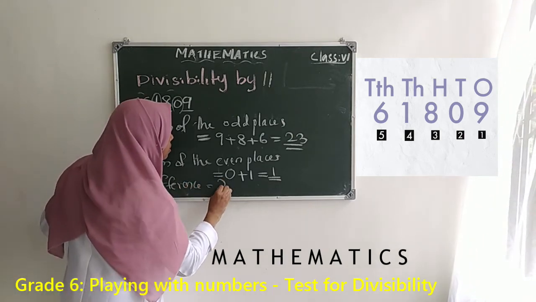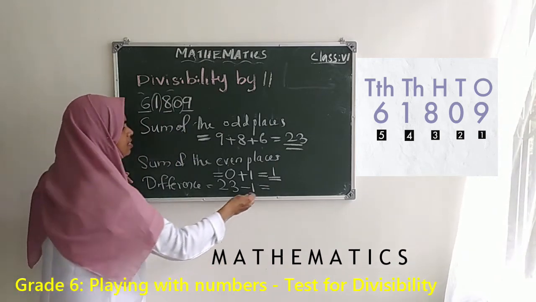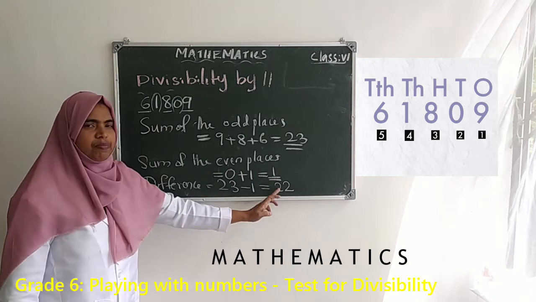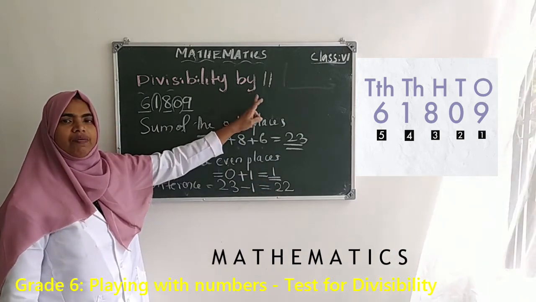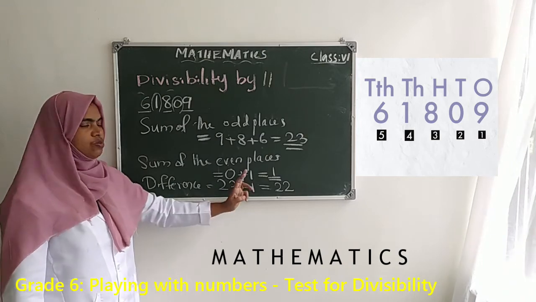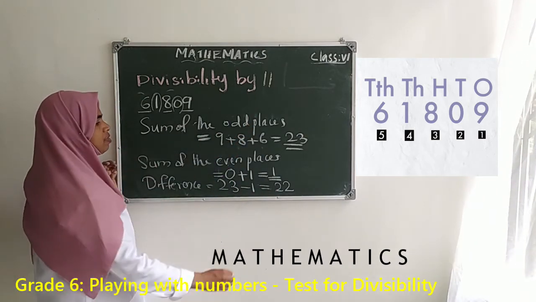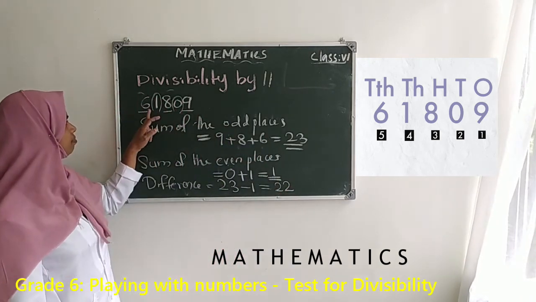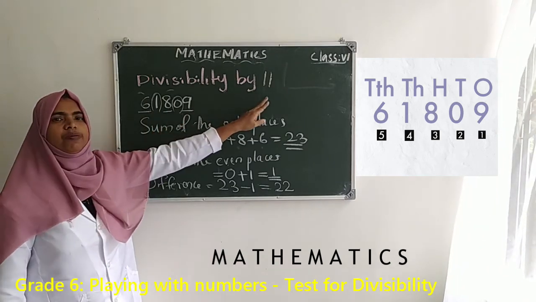It equals 23 minus 1, that is 22. See this number 22. Is 22 divisible by 11 or not? Check. Yes, 22 is divisible by 11. So, we can say that this number 61,809 is divisible by 11.